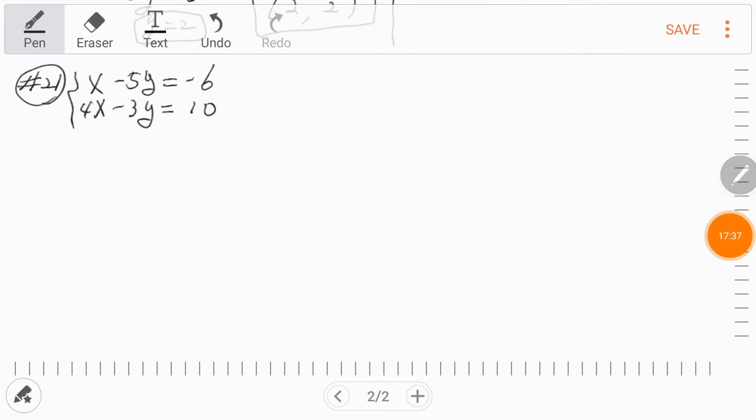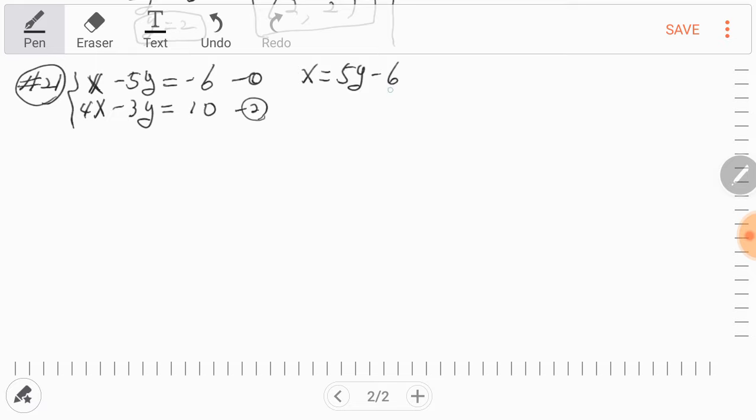Okay, this time let's solve this system of equations by substitution again. For substitution, which one should we change, equation 1 or equation 2? Equation 1 is better, so we can just write equation 1 as x equals something. Then x equals 5y minus 6.